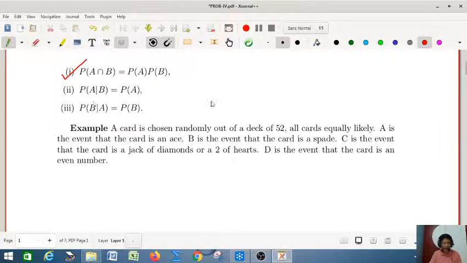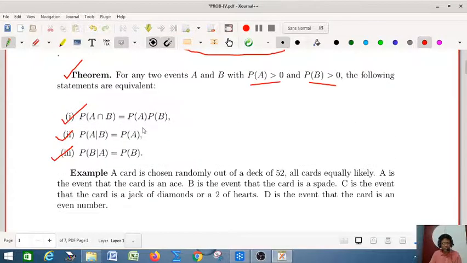Second, probability of A given B occurs is equal to probability of A, and third, probability of B given A occurs is equal to probability of B. So these statements are equivalent because this comes from the concept of independency. If two events are independent, this holds, and obviously if A and B are independent, they are not dependent on each other, then you can write probability of A given B occurs equal to probability of A, and probability of B given A occurs equal to probability of B. So these three statements are equivalent.